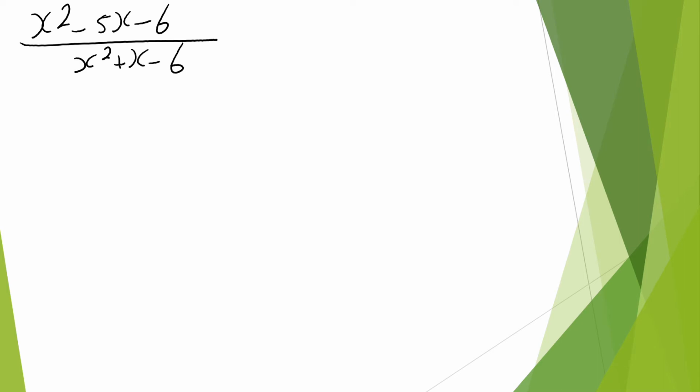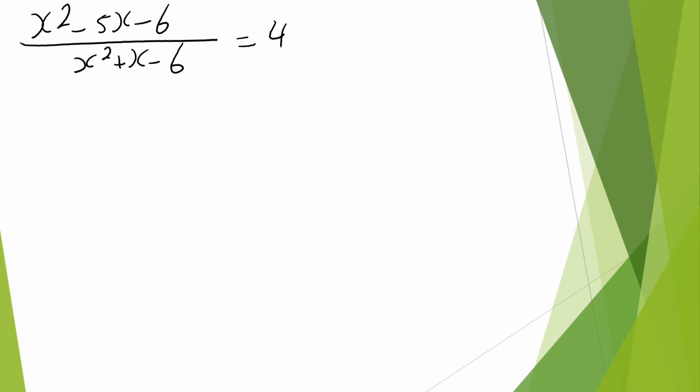Okay, so let's take another example. This is a slightly harder example. Okay, so we've got an equation here. You've got a fraction multiplied by 4. The best way to do this is you either factorize and try to simplify.